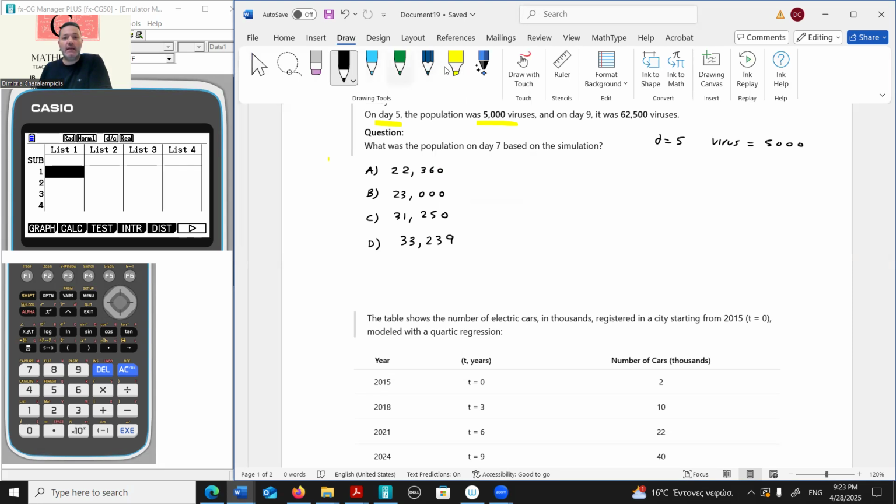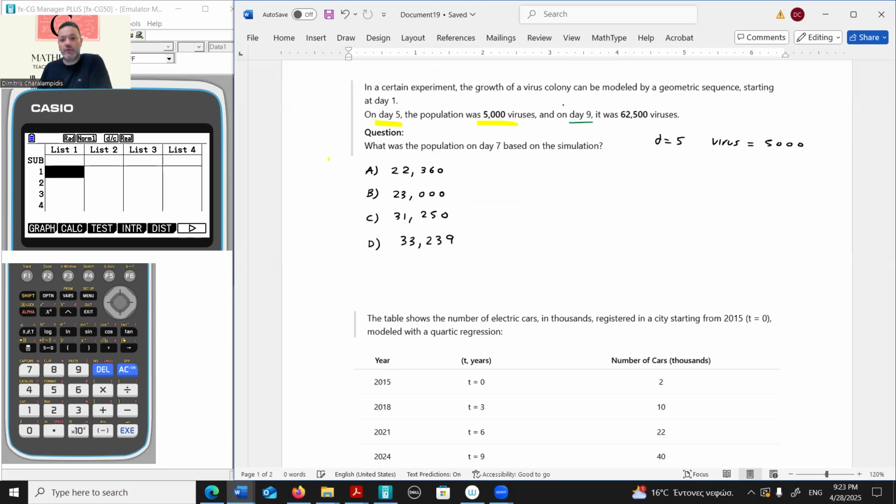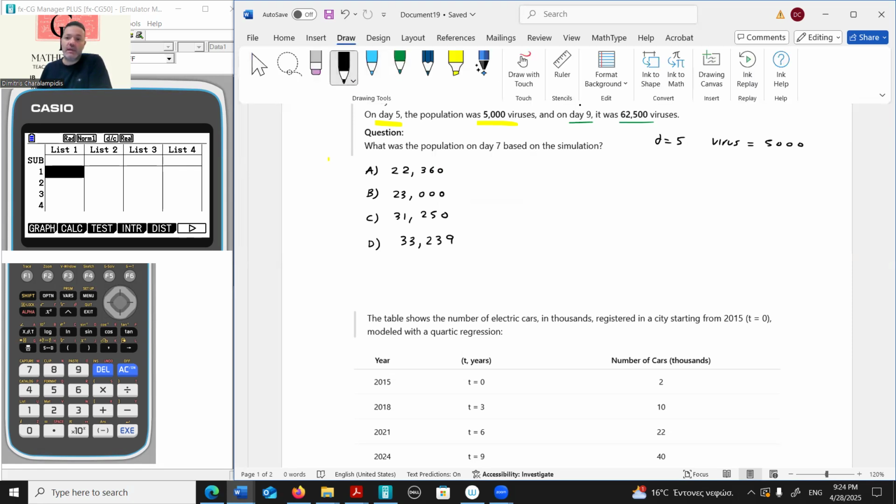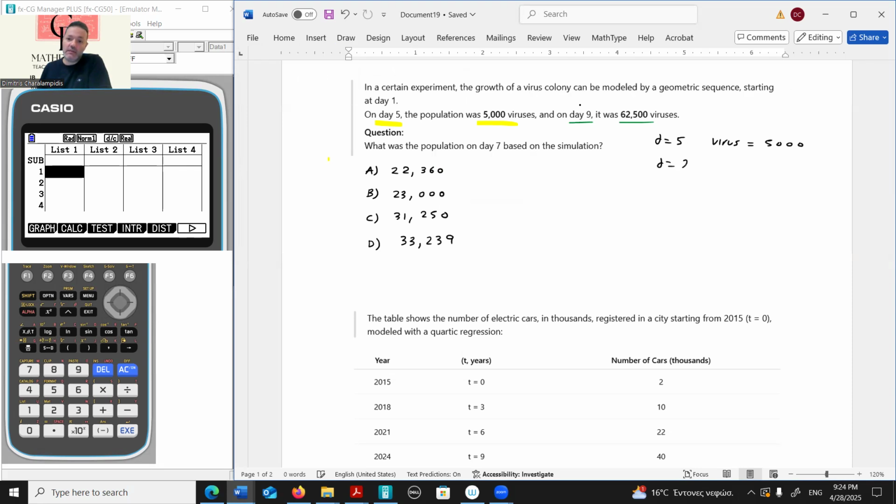On day 9, we have 62,500 viruses. So once again, when D is 9, the level of virus is at 62,500. What was the population on day 7 based on the simulation?